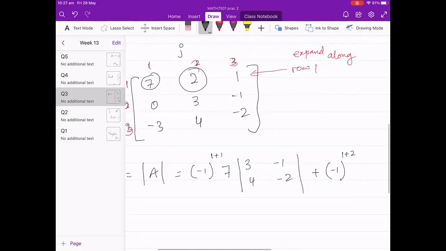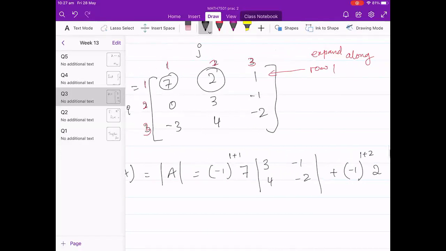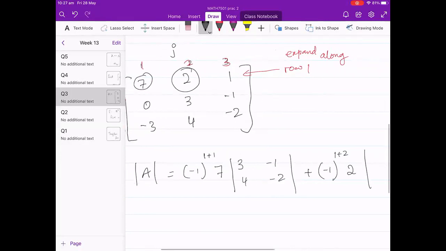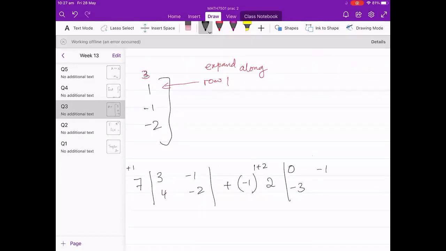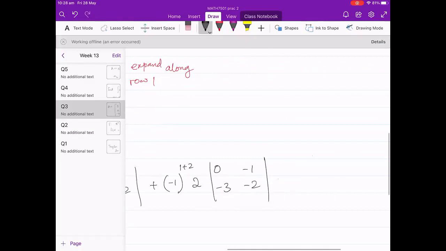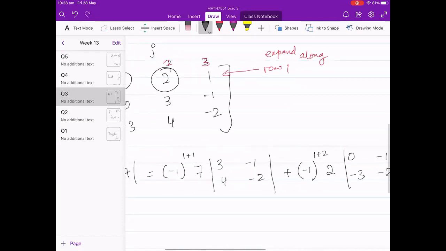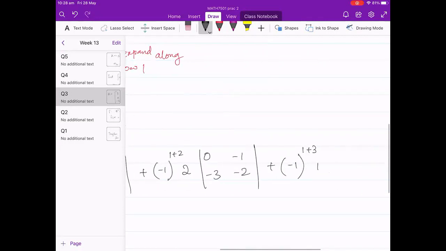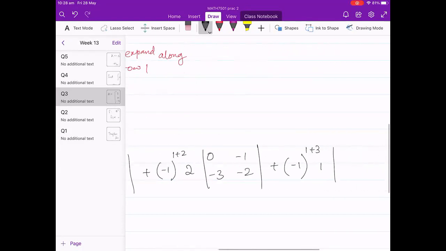The value here is 2, and then the determinant of, ignoring the first row and the second column, you got (0, -3; 1, -2), and plus the third cofactor, -1 to the power row 1 plus column 3. The value is 1, and the determinant of (0, -3; 3, 4).